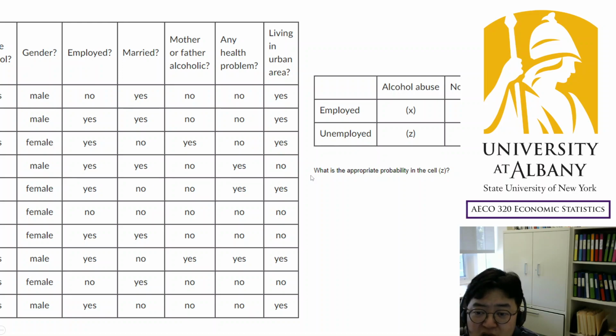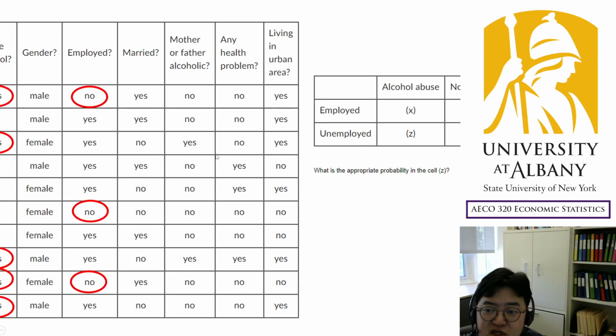So, we need to calculate the probability for this entry. This entry is the people who abuse alcohol and who are not employed, right? So the idea is simple. Out of 10, there are 10 observations.